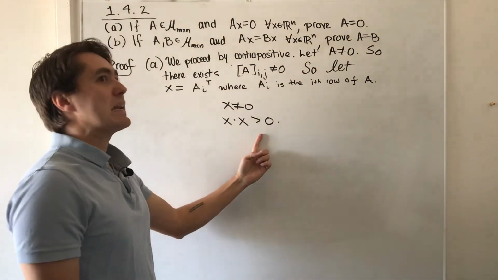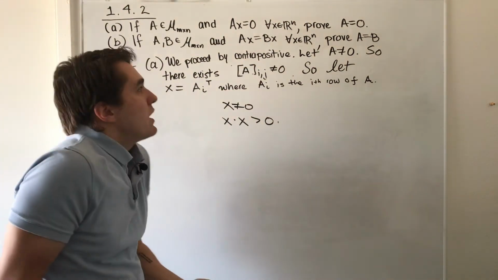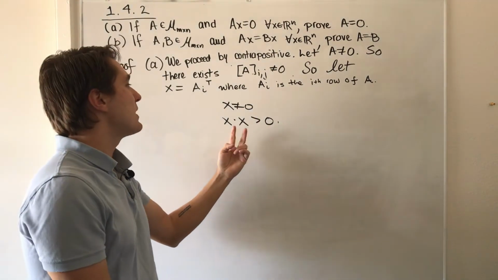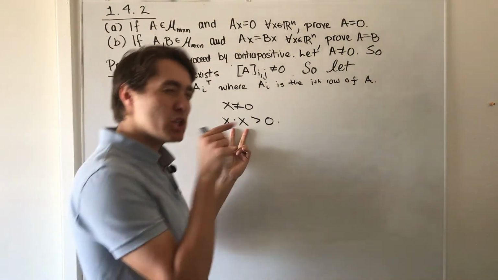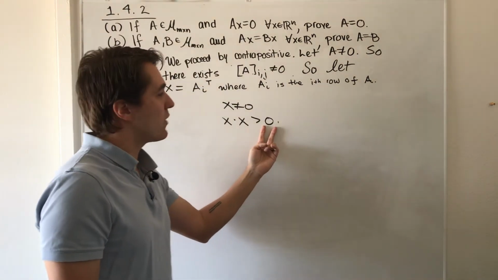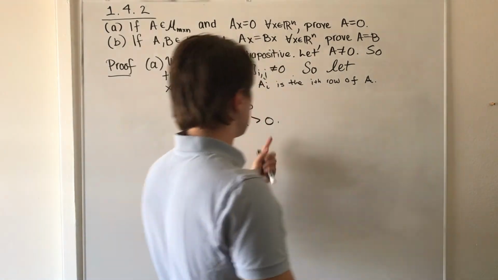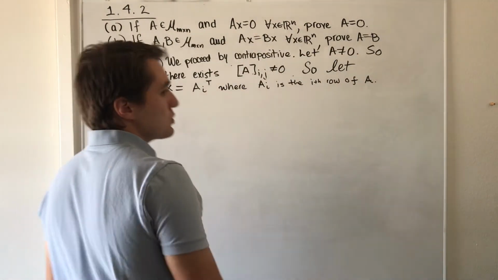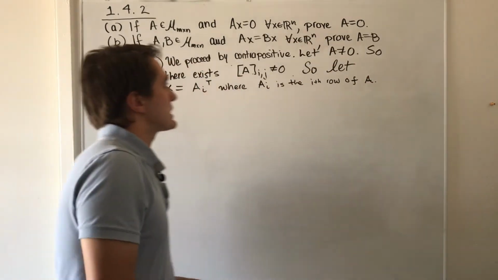But if I can think of its components as a bunch of dot products, then if I pick the right thing to multiply by, I can be sure that when I do that multiplication, I won't get a 0 for that component. I'll get something bigger than 0. You're going to see this come up in just a second. Okay, so that's the intuition, and that's where we got the idea for this.